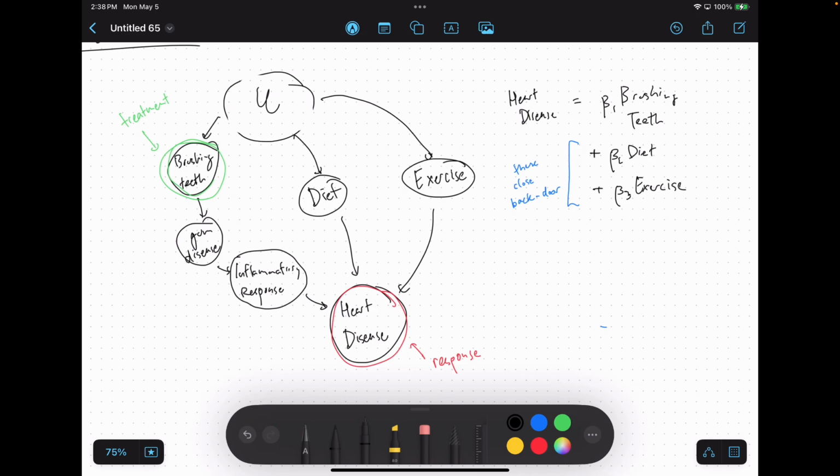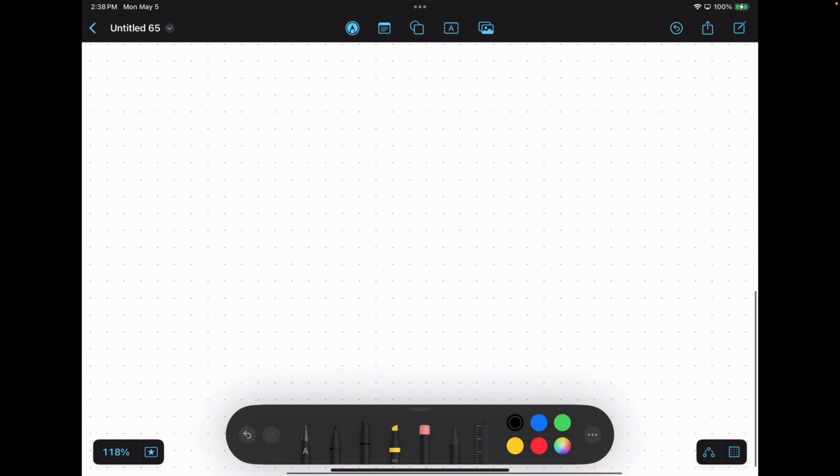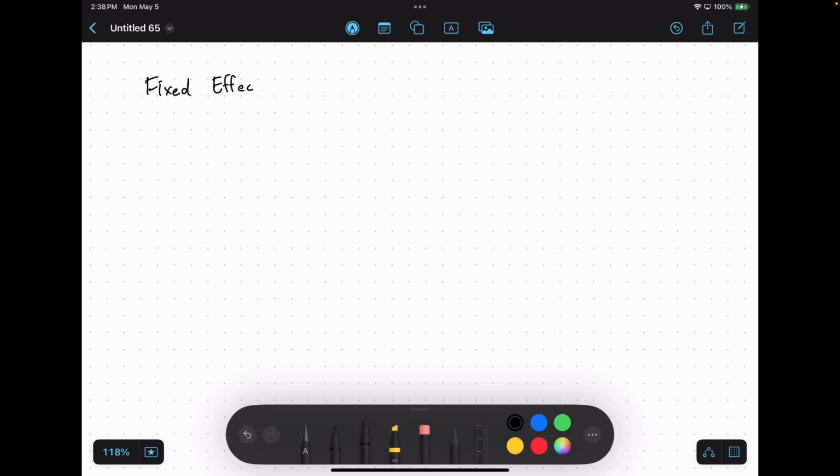Okay, let's think about potential tools for identification. The first one we'll talk about is known as fixed effects.